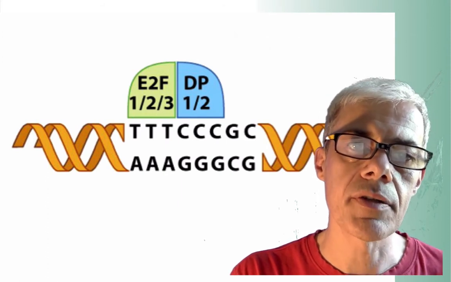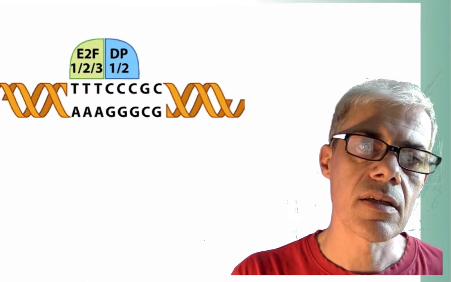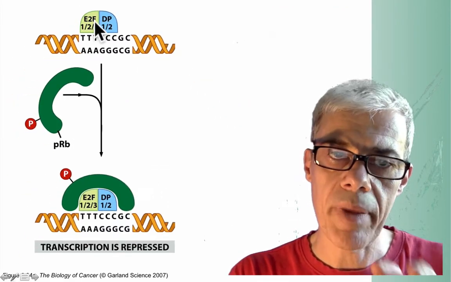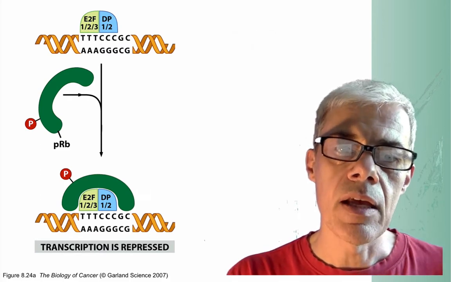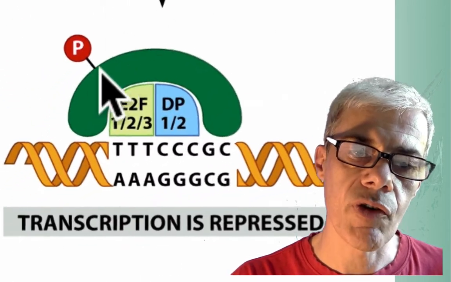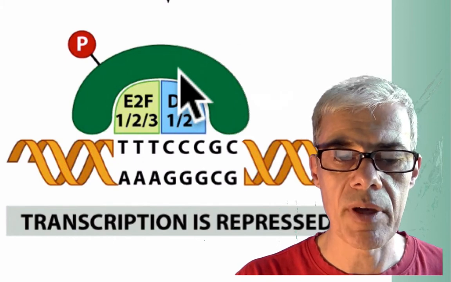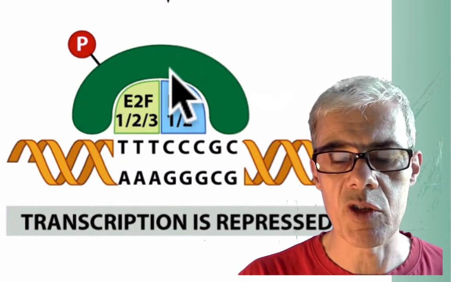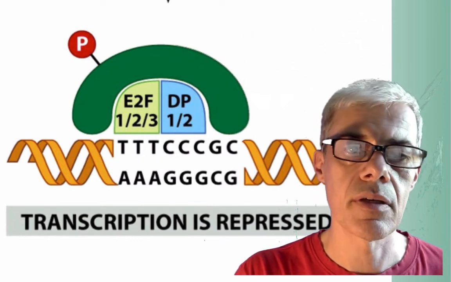But in normal cells, the E2F transcription factor, whether it's free in the nucleus or bound to the DNA, is not active, particularly when it's bound to a hypophosphorylated retinoblastoma protein. So the retinoblastoma is stopping E2F from responding to growth signals, and it's stopping it from transcribing genes.